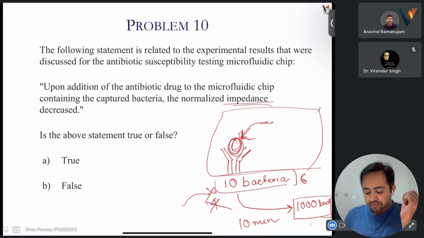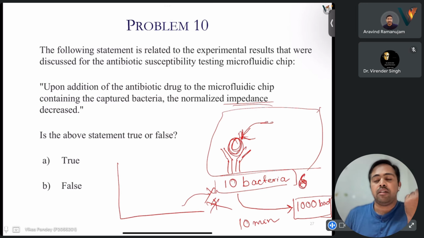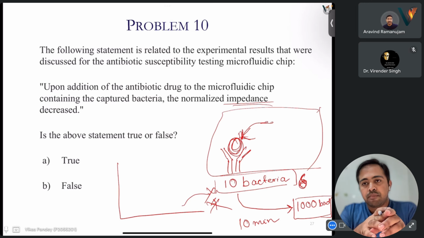Certainly, we will have to count how many multiplications can happen. Based on this, if it is plotted, every live bacterium carries some charge.